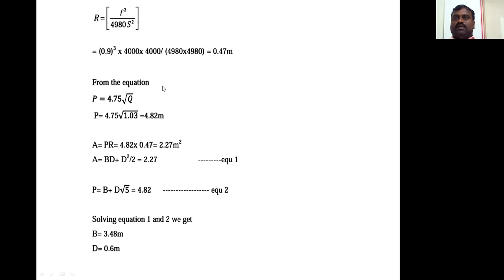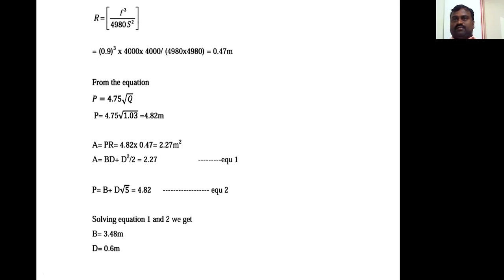Now from the perimeter equation, P is equal to 4.75 square root of Q, substituting Q, P resulted here equal to 4.82 meter. And we know that hydraulic radius R remains equal to A by P. So from this, A is equal to P into R. Substituting P and R values, area resulted here 2.27 meter square.